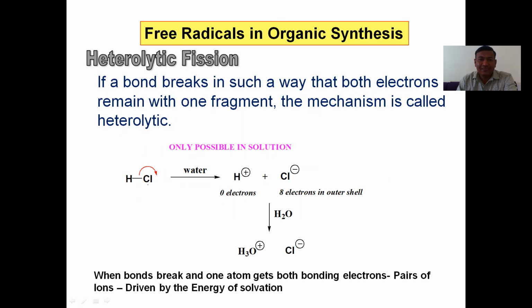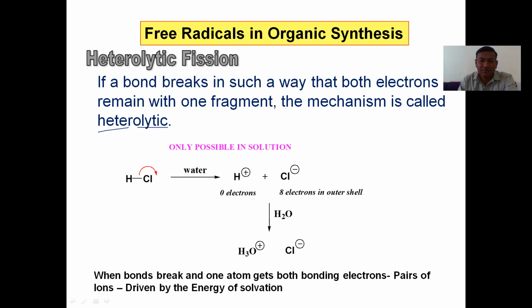The first point is heterolytic fission. What is meant by heterolytic fission? See guys, if a bond breaks in such a way that both electrons remain with one fragment, the mechanism is called heterolytic, which means not a symmetrical way. Hetero means unsymmetrical. Take one example: suppose we have HCl in presence of water.